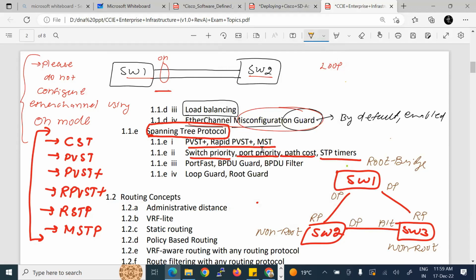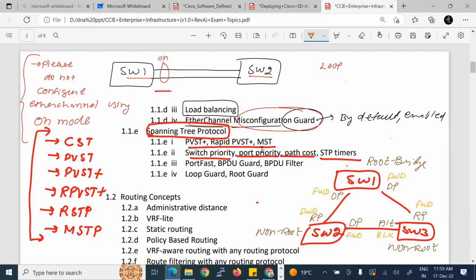As per STP state, the DP port will remain in forwarding state, the RP port is also in forwarding state, and this link will remain in blocking state. So this is how STP will prevent the loop.